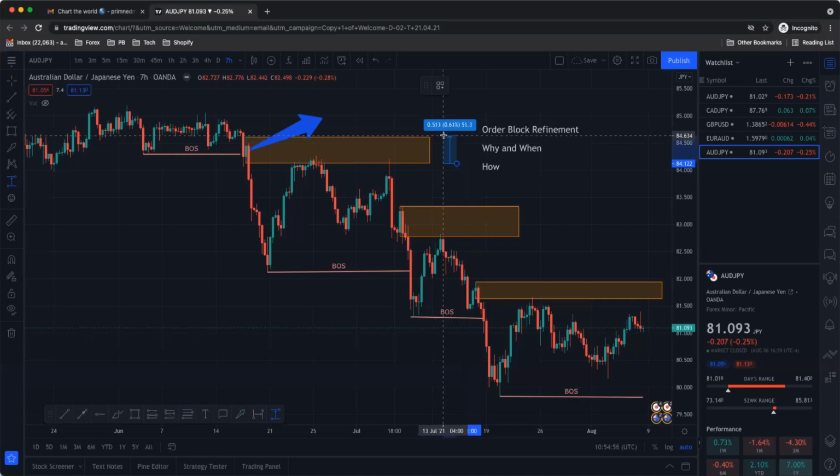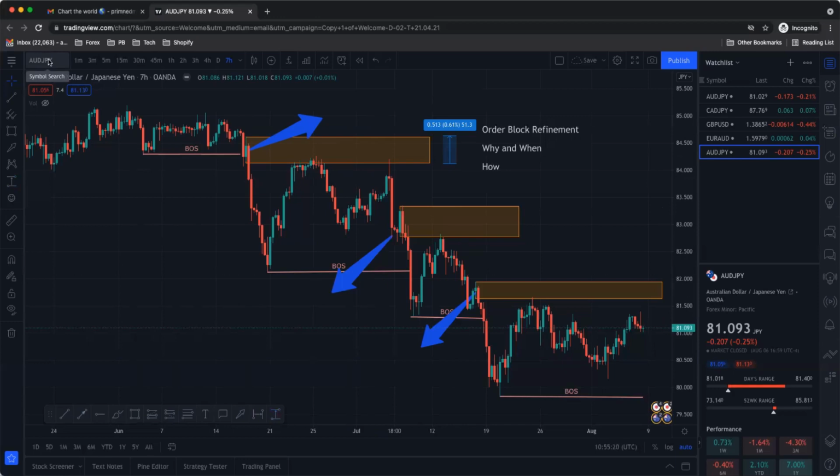Now we'll see how we refine an order block. I identified this example on Australian dollar and Japanese yen. You can use any chart, any market, stock market, forex market.